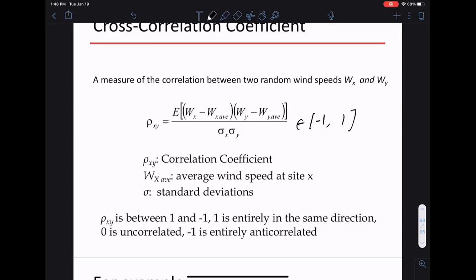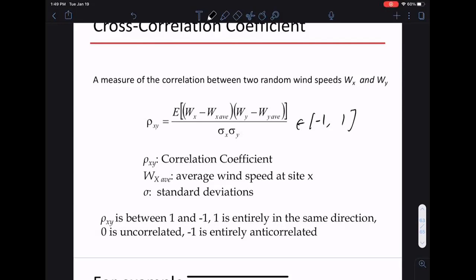This is a second order statistic, a simple measure of how correlated they are. Often in practice, we have multiple turbines or multiple sites, and we'll measure the cross correlation. Typically, you don't want them to be too correlated to each other. Things being too correlated creates issues because they can both be 0.